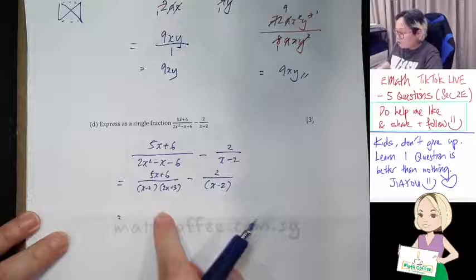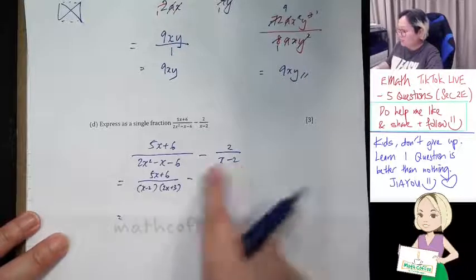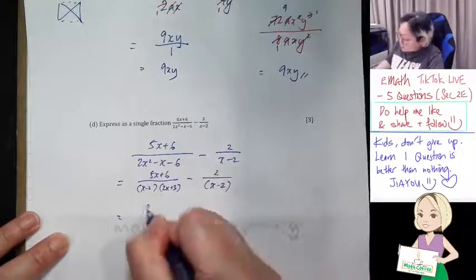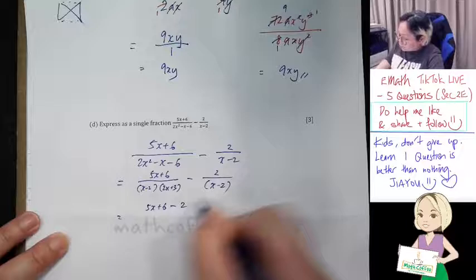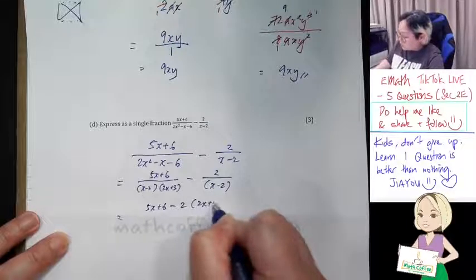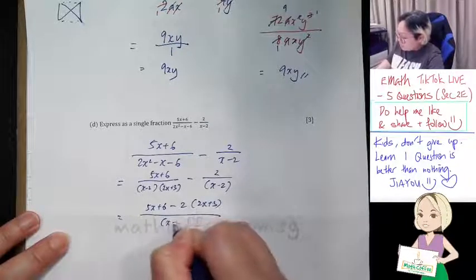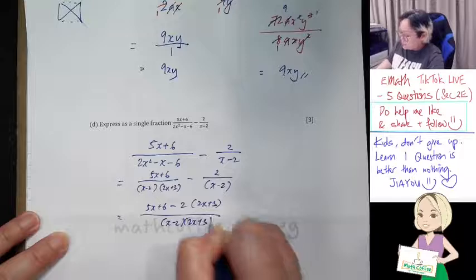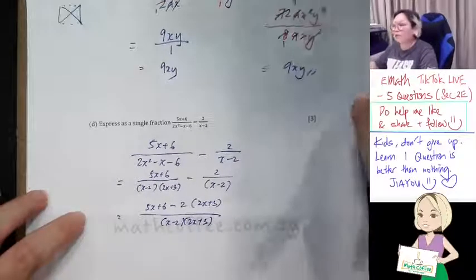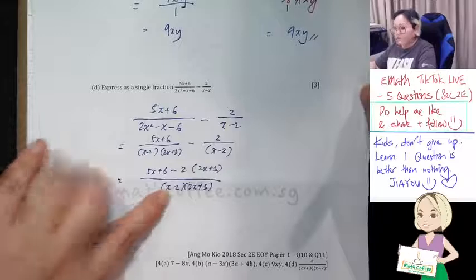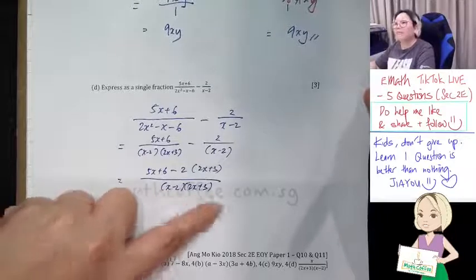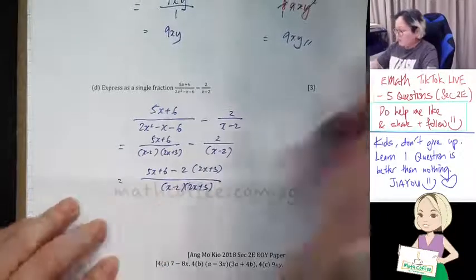So now I need to combine into a single fraction. This side needs to multiply with 2x plus 3. So it will be 5x plus 6 minus 2 multiplied by 2x plus 3 over x minus 2 and 2x plus 3. So kids, the denominator, please do not expand. Keep your denominator as 2 brackets, understand? So now I'm going to simplify the top.